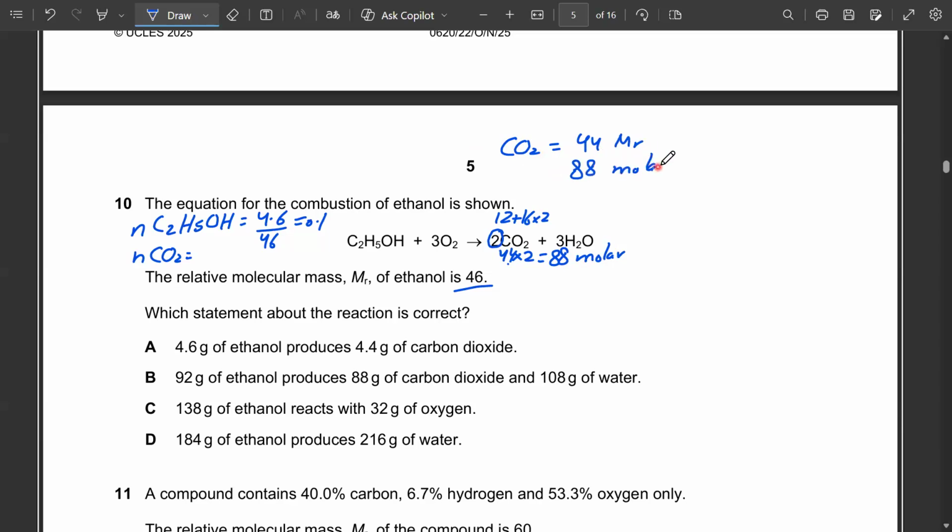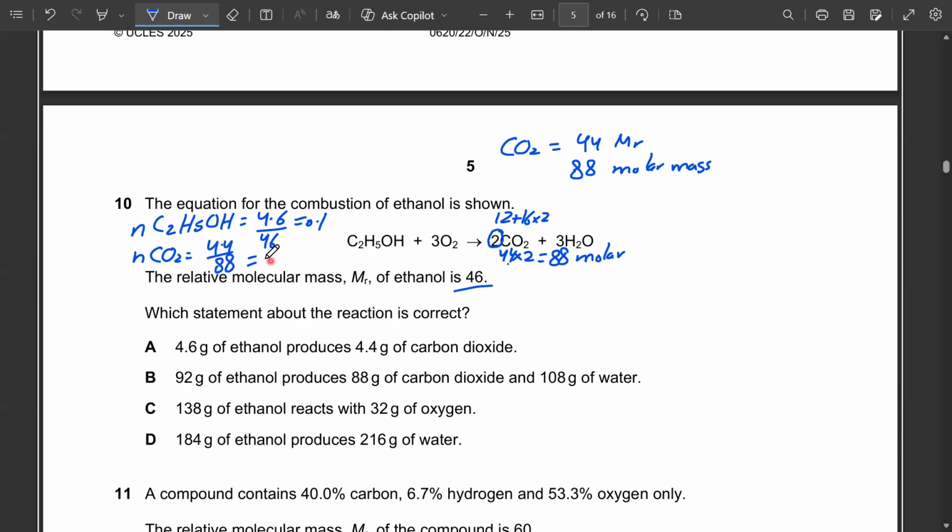There's a difference here. By molar mass, we mean the mass of the respective number of moles. If we have 2 moles, that means 44 times 2 will give you 88 as a molar mass, and 44 is the MR. So for number of moles of carbon dioxide, we will write 4.4 divided by 88.